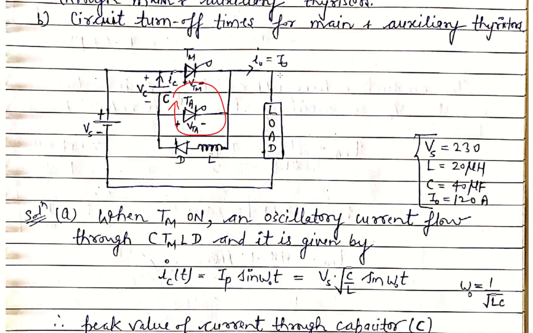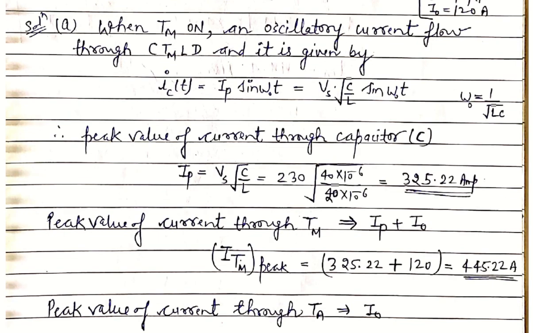Now the capacitor current also flows through this main thyristor, so both currents add. The peak value of current through the main thyristor is IP plus I naught. Putting the value of IP from part A and I naught as 120 amperes, the peak value of current through the main thyristor is 445.22 amperes.